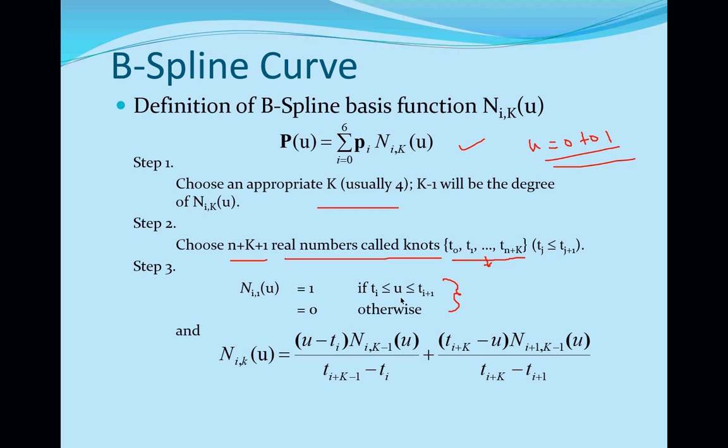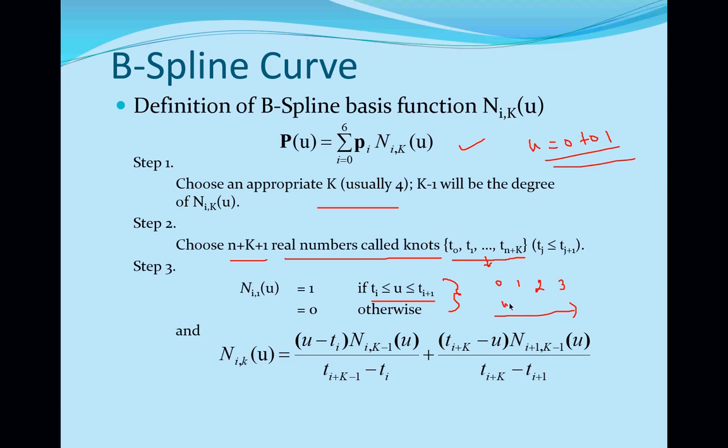So when it is 1, the value of u is between two knot vectors. I am trying to explain this. Let us say the first knot vector is 0, the second is 1, the third is 2, and the fourth is, let us say, 3. If this is the case, u is going to vary from 0 to 3.